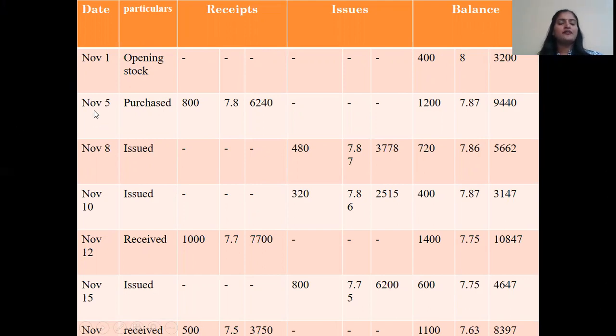See, on November 5th, purchased 800 units at rupees 7.8, amounting to 6,240.